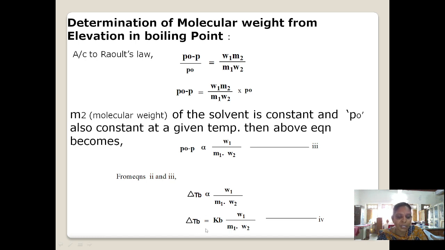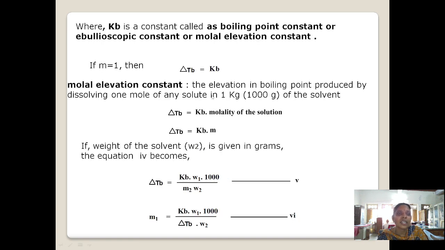Then delta TB equals, if you remove the proportionality constant, Kb into weight of solute by molecular weight of solute into weight of solvent. Here Kb is called the ebullioscopic constant, or boiling point constant, or molar elevation constant. If the molarity is 1, then delta TB, that is elevation in boiling point, equals the ebullioscopic constant Kb.